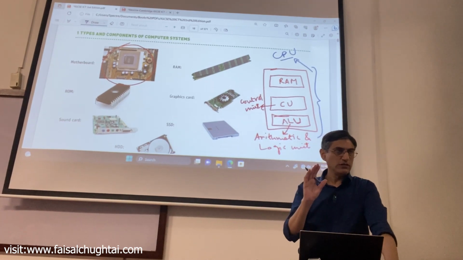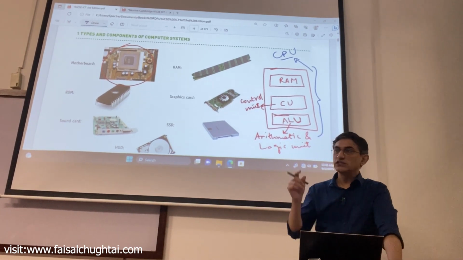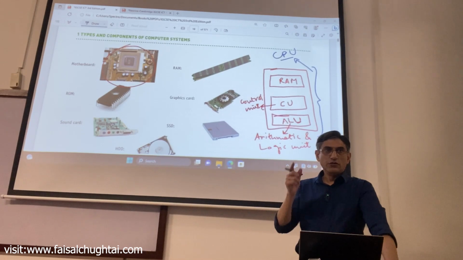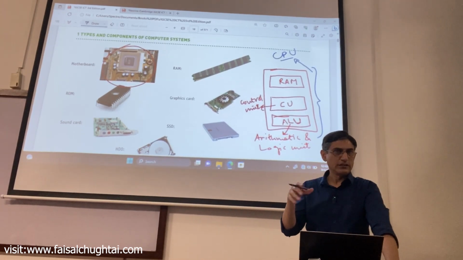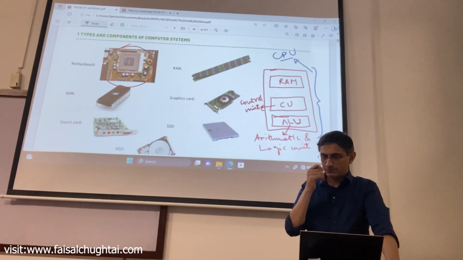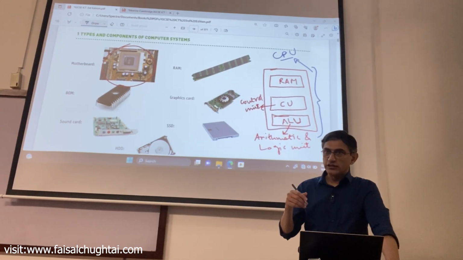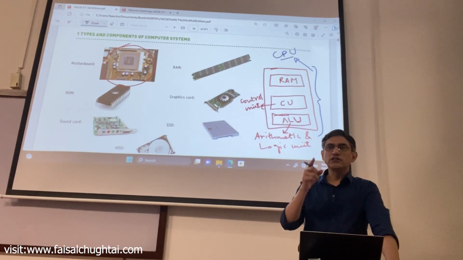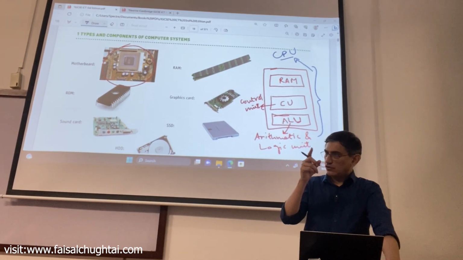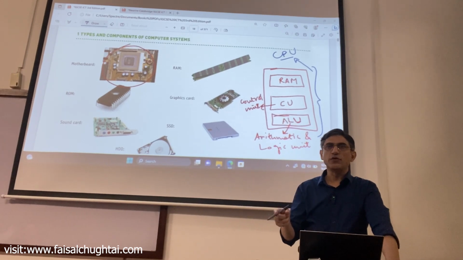The processor or the microprocessor that we talk about is actually the ALU. RAM, we know, stores data temporarily while it is being used or processed. The control unit manages the flow of data from RAM to the processor and from the processor back to the RAM.